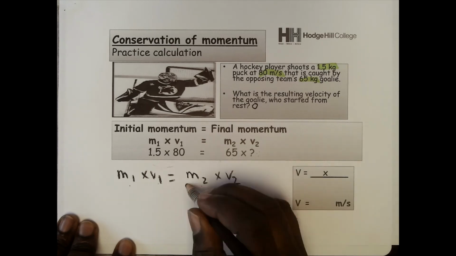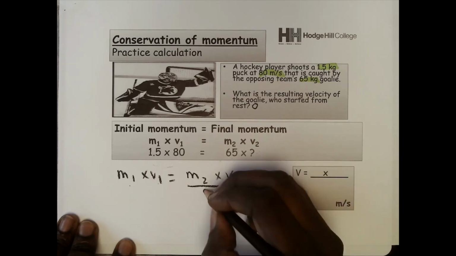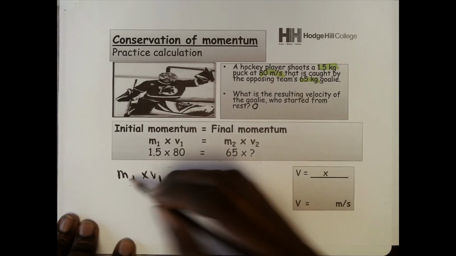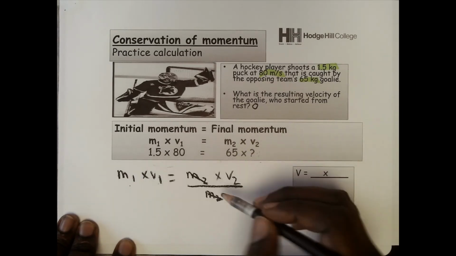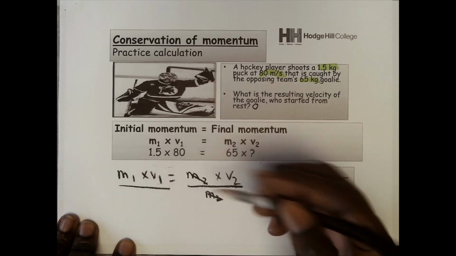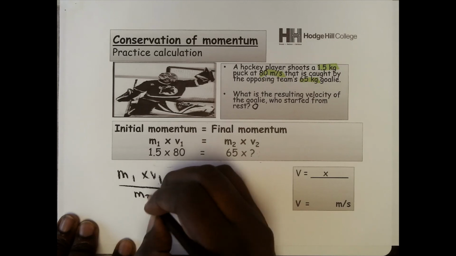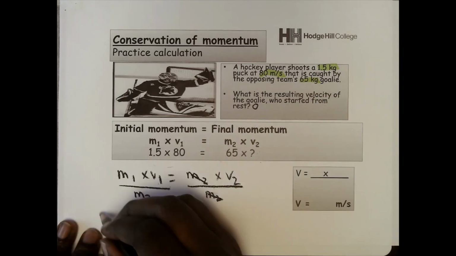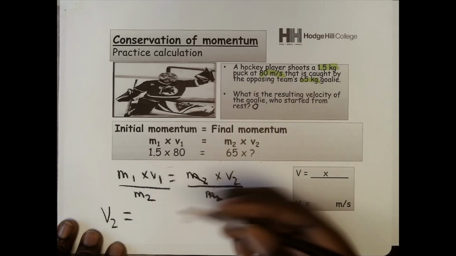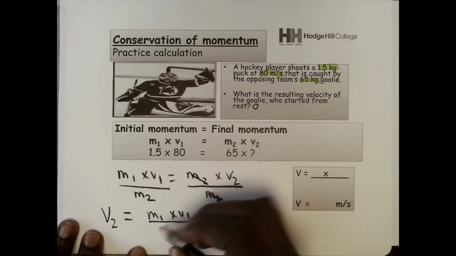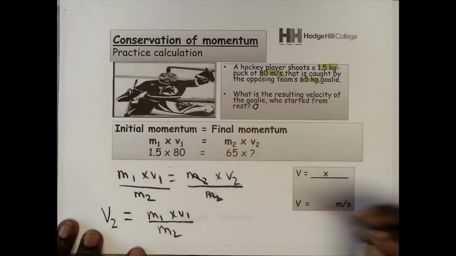So what we do is divide this side by mass 2. That will cancel. So we're left with v2. Whatever we do on the right side, we must do on the other side of the equation, or the equal sign. So that's divided also by mass 2. Rewriting, v2 then is equal to mass 1 times v1 divided by mass 2.